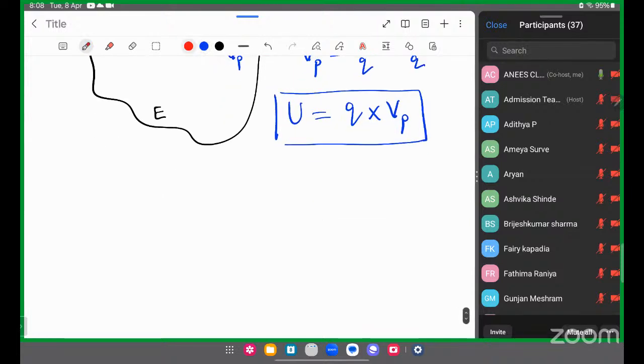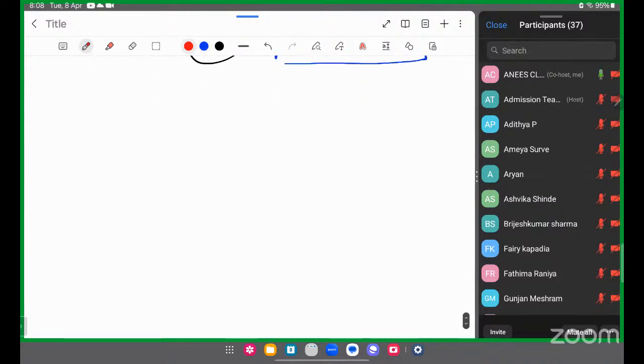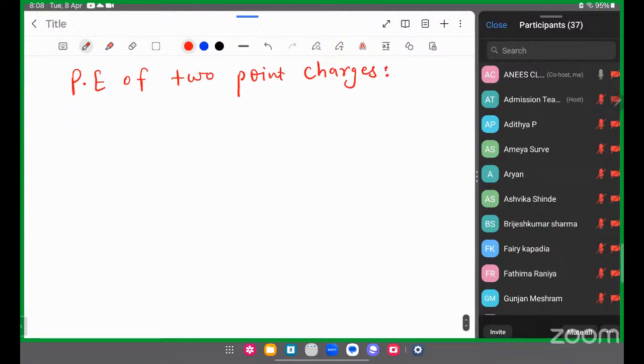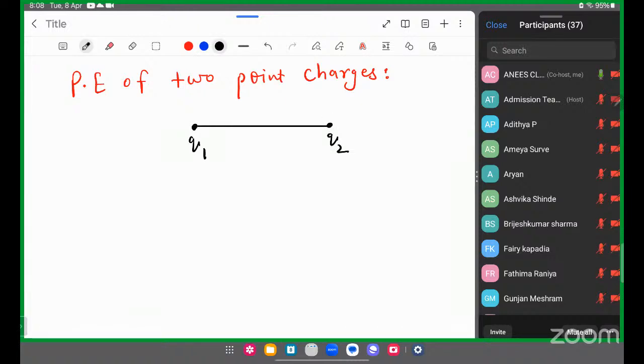What will be the potential energy of 2 point charges? Let's say this is charge Q1, this is charge Q2, maybe positive or negative, and the separation between them is R. What will be the potential energy of the system?